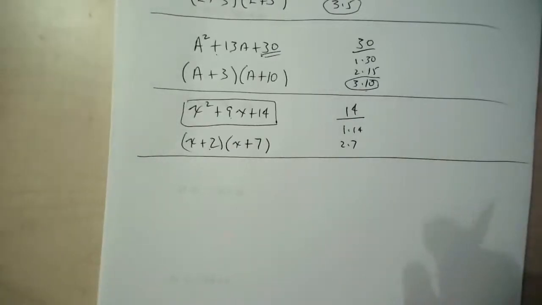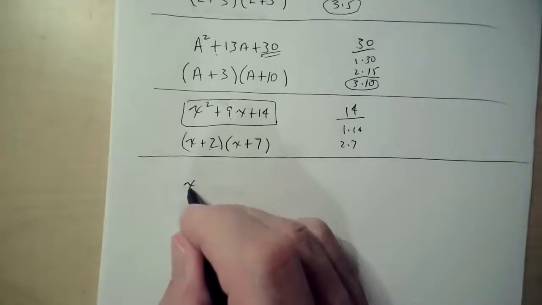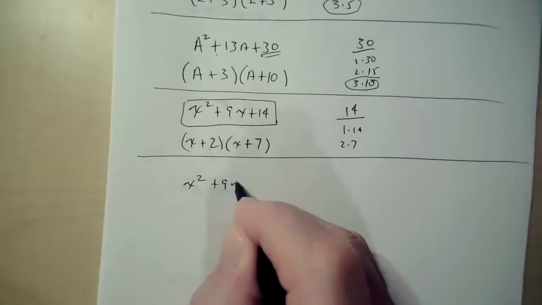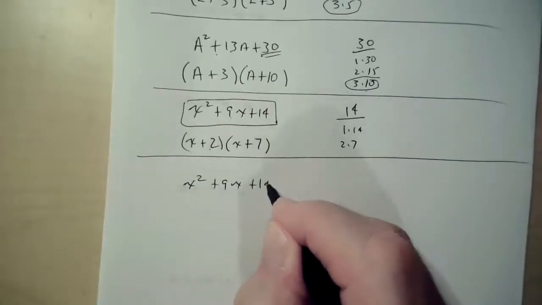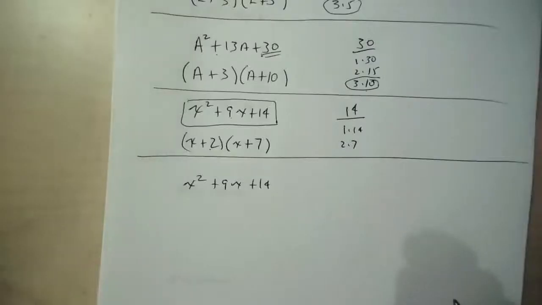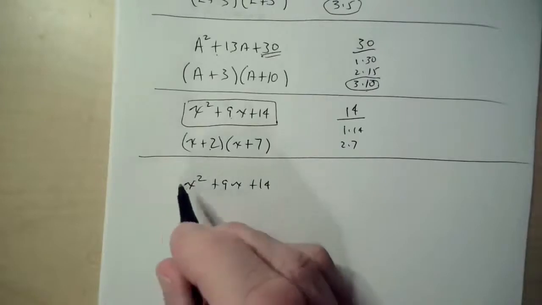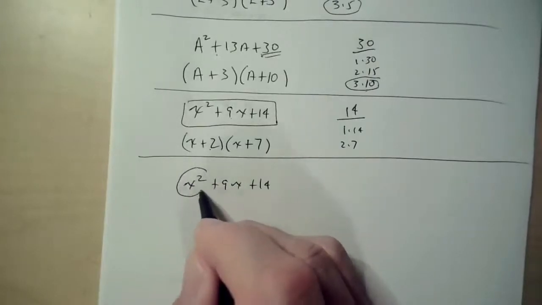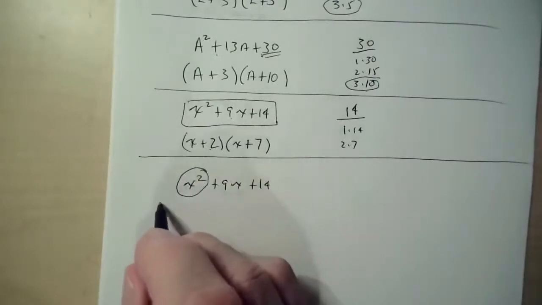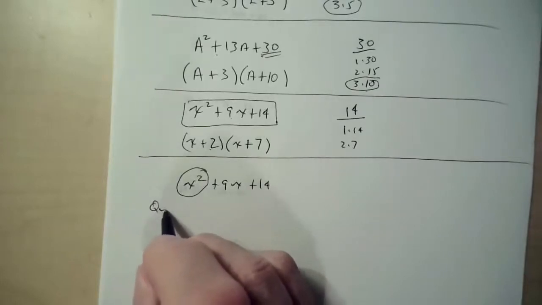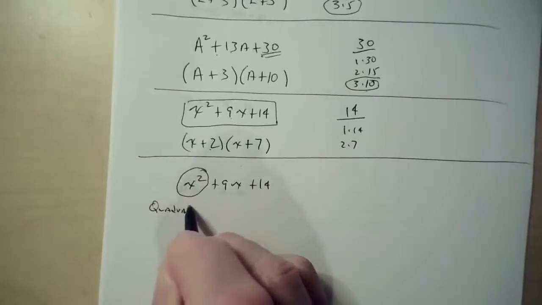Let me go over the vocabulary here for just a second. If we have x squared plus 9x plus 14, this is on that sheet that I sent you, so you don't really need to write it down unless you want to. This one is called the quadratic term.